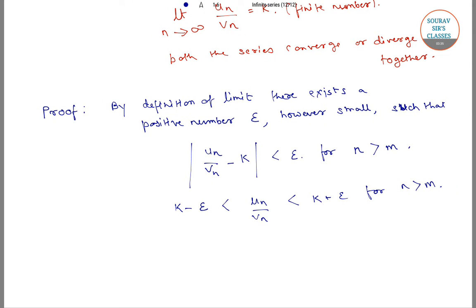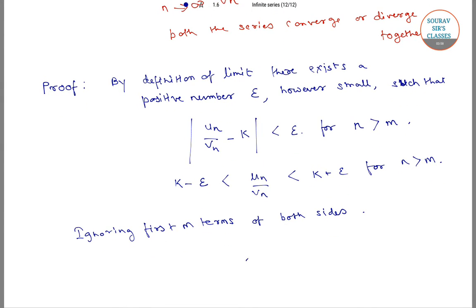So ignoring the first m terms of both sides, we have un divided by vn is less than k plus epsilon and it is greater than k minus epsilon for all n.